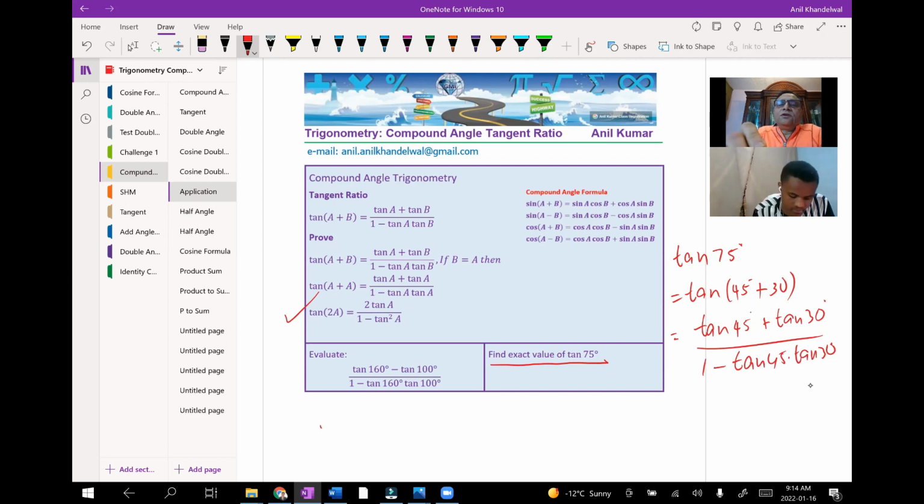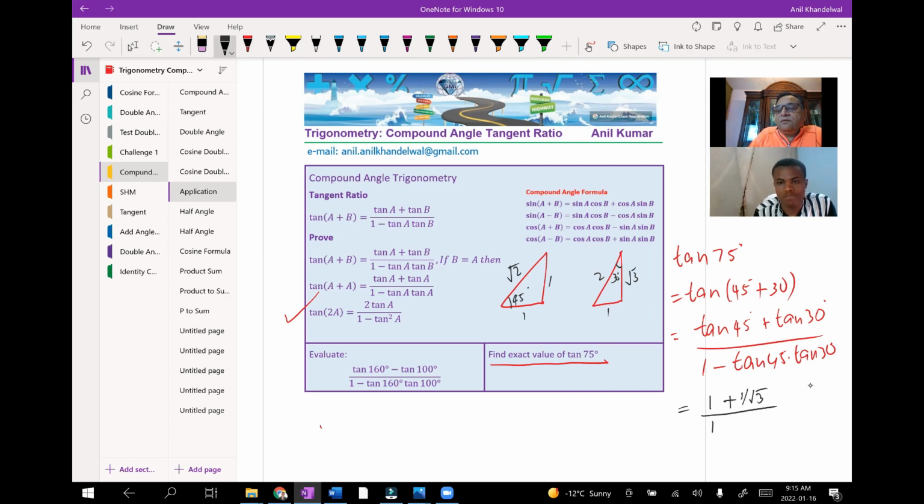And you know these angles, they are special triangles. We can always work out their ratios using these special triangles, right? So for tan 45, let's say this is 45 degrees, which means 1, 1, square root 2. And for tan 30 degrees, we can have 1, 2, square root 3, where this is the 30 degrees angle, right? So substituting the values, tan 45 is 1 plus tan 30 degrees. Tan 30 degrees will be what? 1 over square root 3, right?